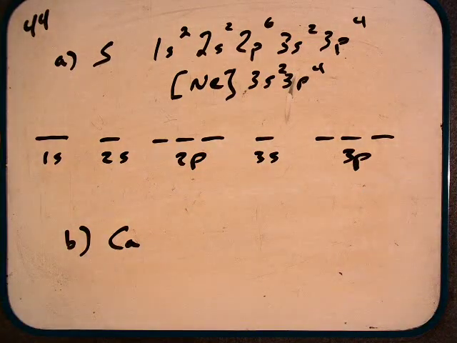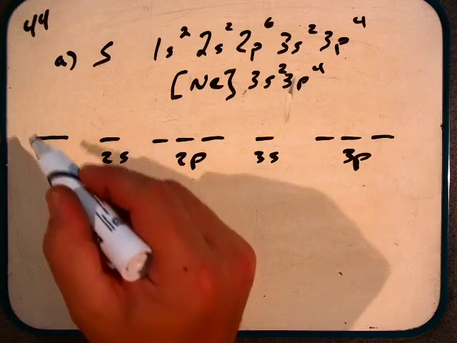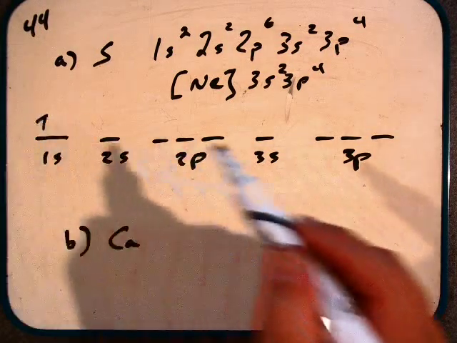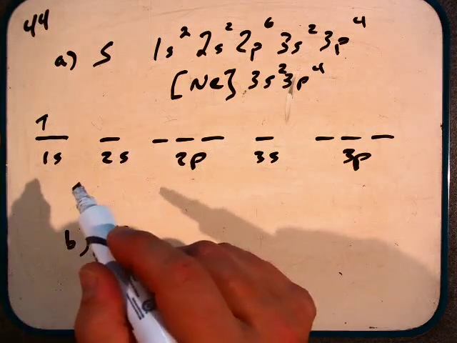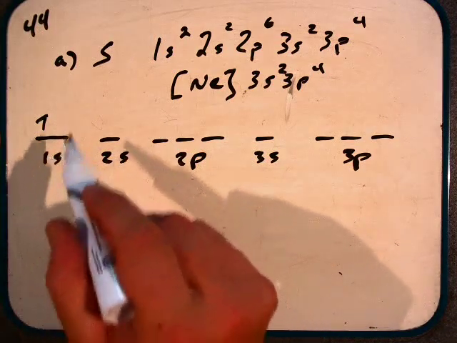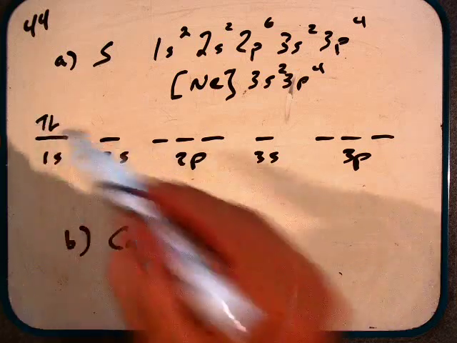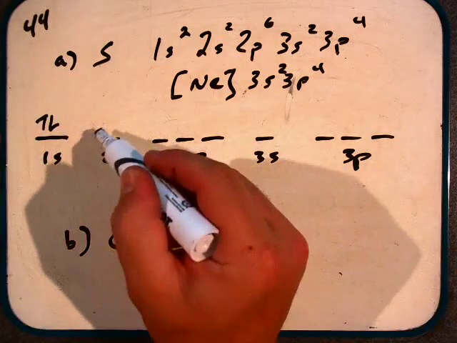Here's what this would look like for showing the actual orbitals themselves, noting that for s orbitals there's only one, and for p orbitals there's actually 3. We just need to fill in electrons from left to right, and first we put in one electron pointing up, and we do that until we run out of slots, and then we pair. The 1s only has one slot, so first we add one and then we pair it.